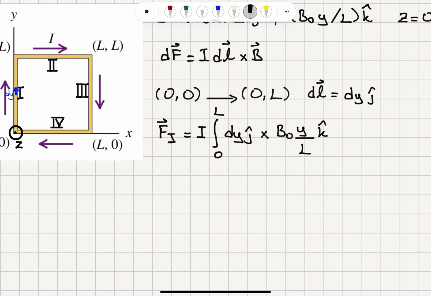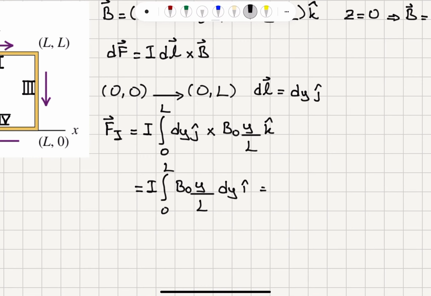Okay, so this force on the first segment can then be written as I integral from 0 to capital L. J hat cross k hat is i hat. I have B0 y divided by capital L dy in the i hat direction, which is I B0 divided by capital L. The integral of y dy is y squared over 2 evaluated between L and 0.